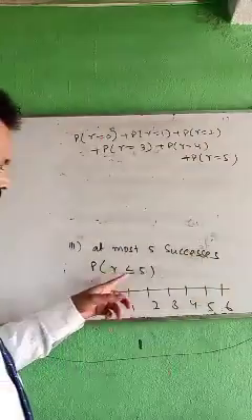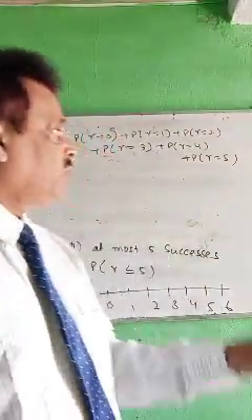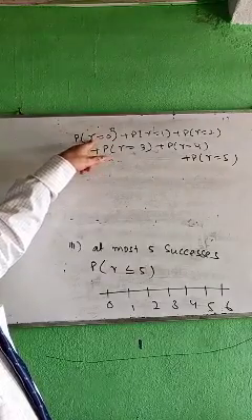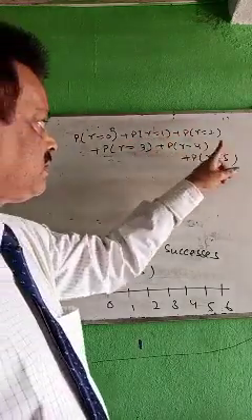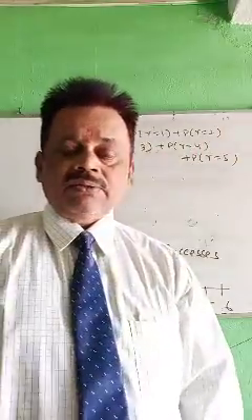This is the meaning of less than or equal to 5. So many things you are going to find out. So there are 6 calculations you are going to do here.